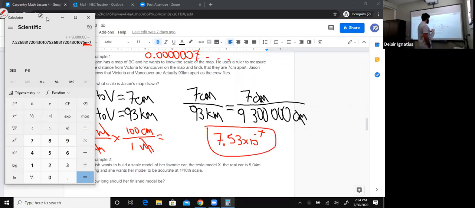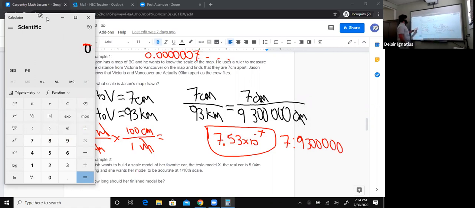We can say that the scale is 7.53 times 10 to the negative 7, the actual size, or we can say that the scale is 7 to 9.3 million. And potentially, if we're lucky, oh, what did I do? If 93 divides by 7, it does not.